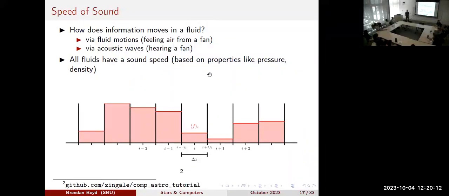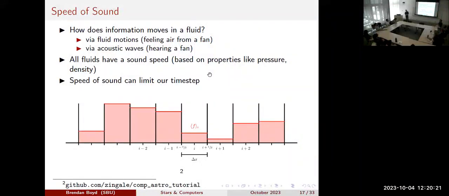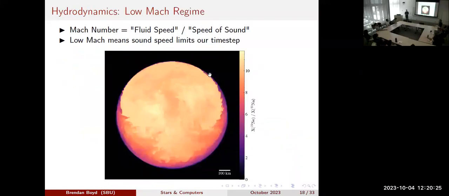So all fluids have a different sound speed, depending on properties like pressure, density, and such. And if the sound speed is too high, it can actually cause pretty significant problems. So we define a Mach number, and that's just the fluid speed divided by the speed of sound.